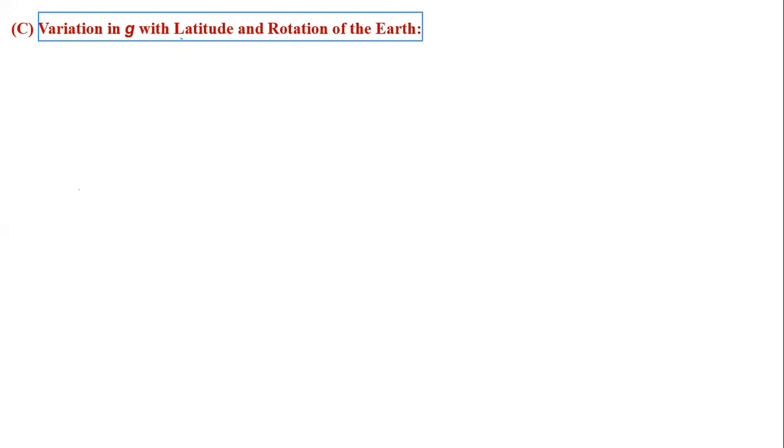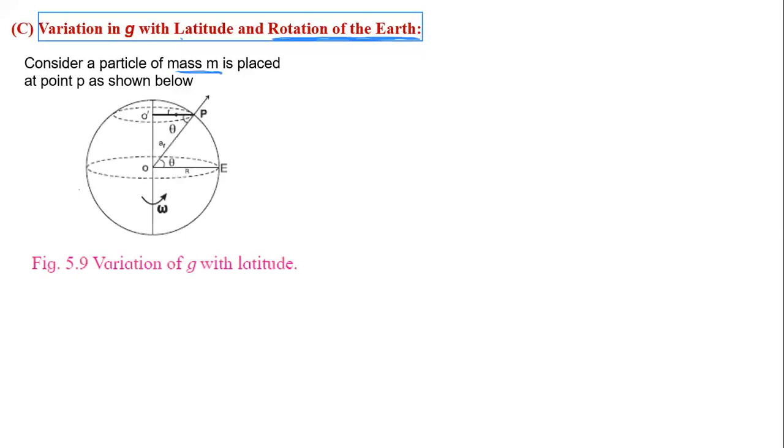You know that earth rotates about its own axis, which is passing through the pole. Now we consider earth rotating about an axis passing through its pole, or polar axis. Now I am considering a particle whose mass is m placed at point P as shown in the figure.